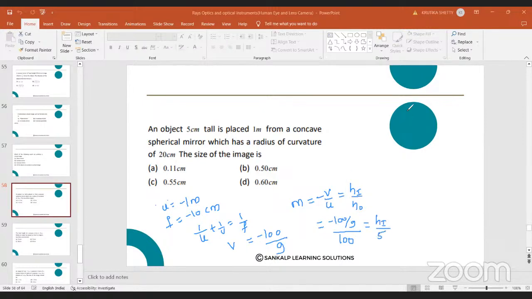So you now have to simplify the image height. That is HI is equal to, here the 100 will get cancelled. So it will be minus 5 divided by 9. So minus 5 divided by 9 is how much? It is 0.55. Option C is correct. Yes? Okay.